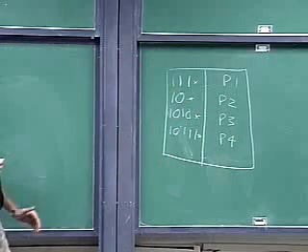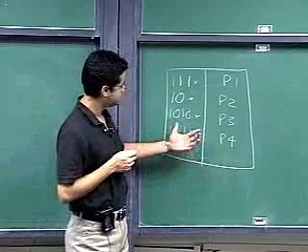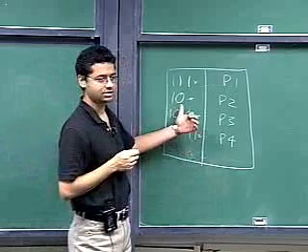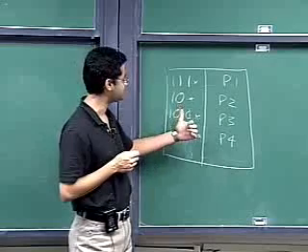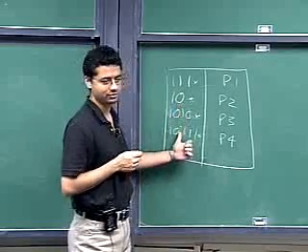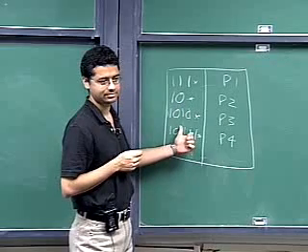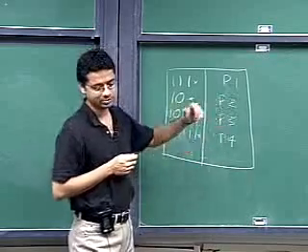So now, if you have a destination address which has the first 2 bits 1, 0, then that could potentially match P2, P3, P4. Right? It could potentially go on these 3 output ports.